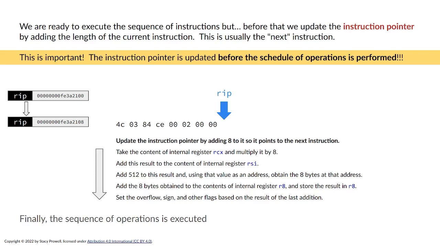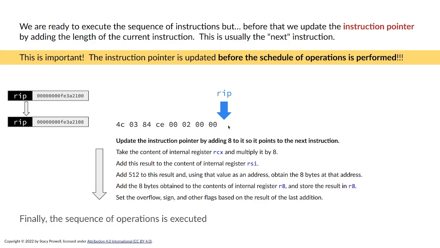This will be very important later. If these operations refer to the value of RIP, it is a common mistake to think that because I'm in this instruction, RIP must point to me, must point to the first byte of the instruction that I'm executing right now. But it doesn't.